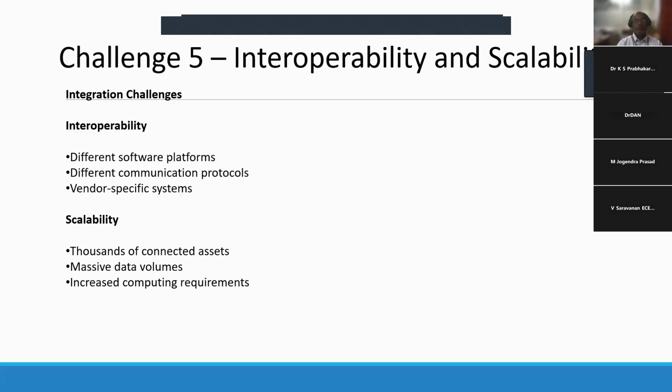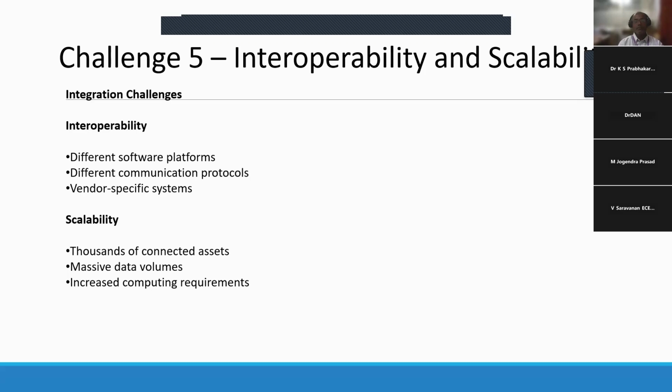Next is interoperability and scalability. Scalability is also a very big issue, because if you're creating a digital twin for a single machine, that is relatively straightforward.